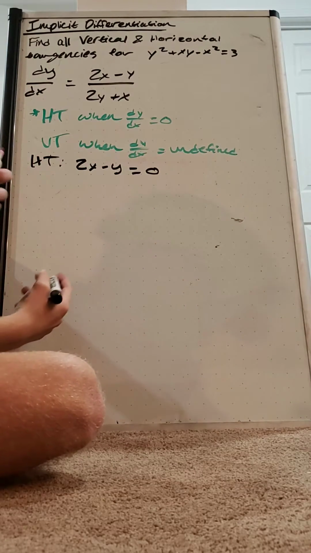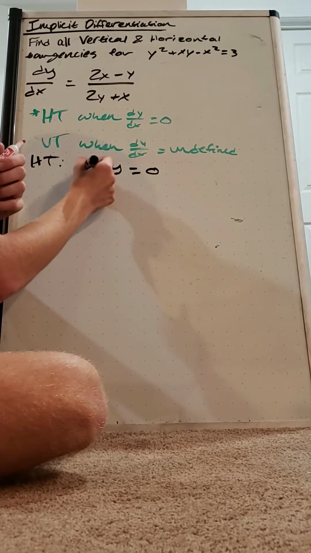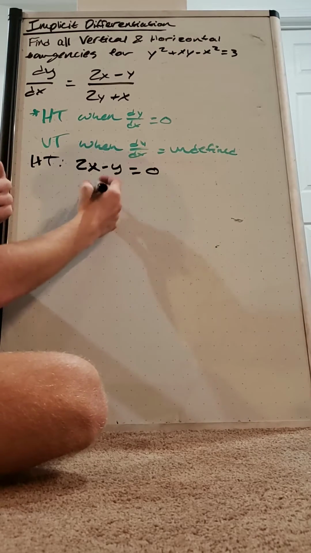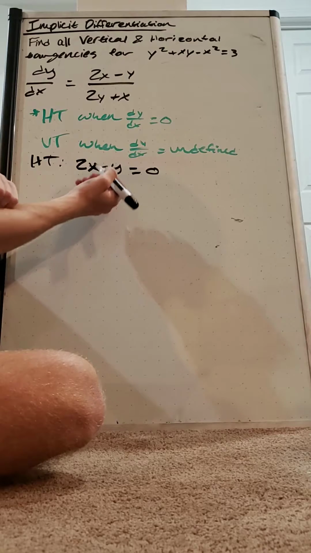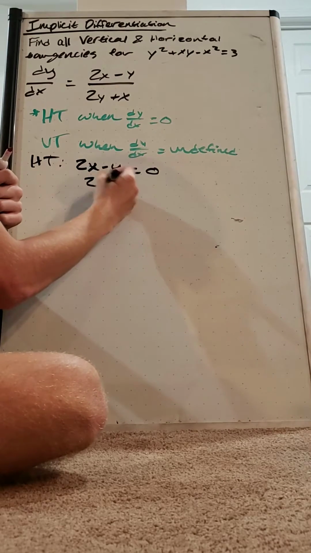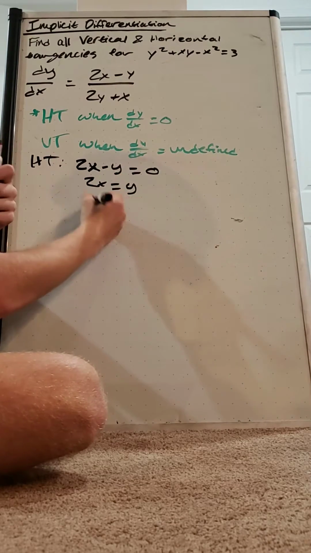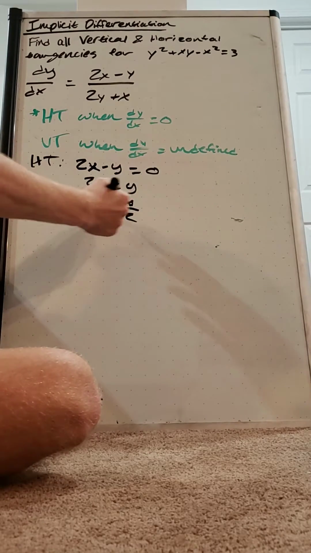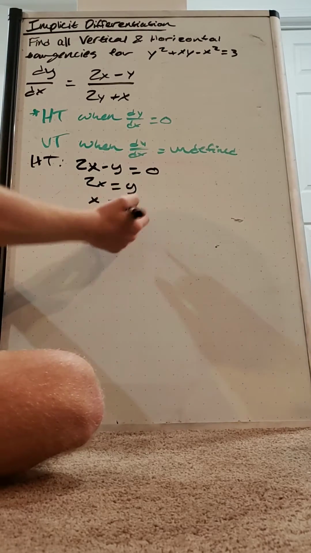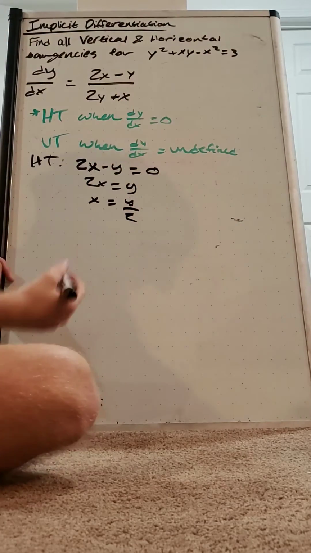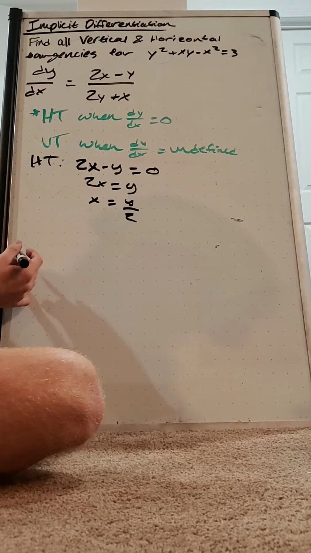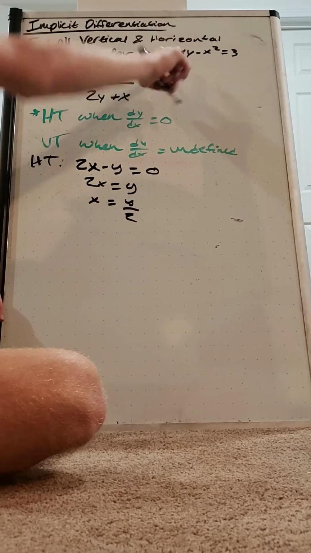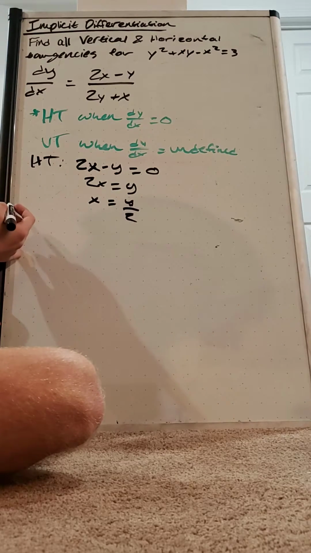And so if we're looking for the x values, or if we're just looking for the coordinates, we would first find the x values, so that we would get 2x equals y, and so x equals y over 2. So whenever x equals y over 2, for this function, we know that the graph of this is going to have a horizontal tangent.